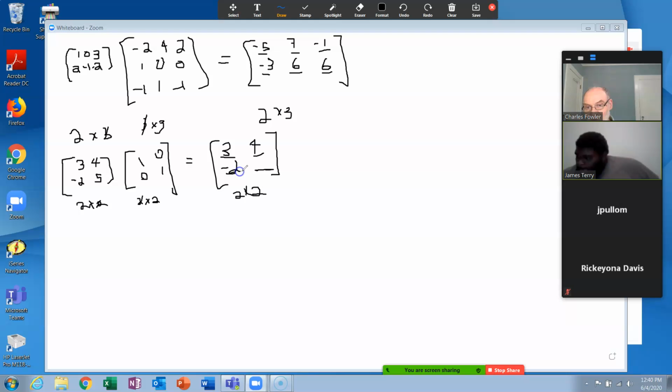Okay, now we have the second row's second column, so we take the second row here by the second column here and multiply and add. That'd be -2 times 0 is 0, plus 5 times 1 is 5, and that adds to be 5.